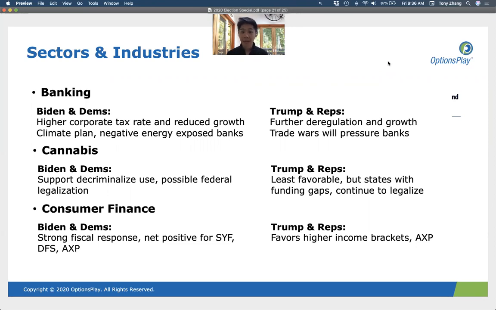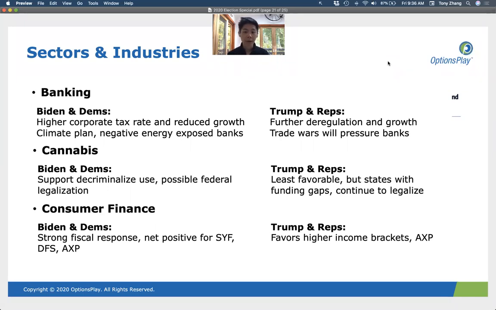The next biggest one is cannabis, right? We know that the Democrats are far more in support of decriminalization and possibly even federal legalization. I would say 2018 was a big year for cannabis. A lot of that died out in late 2019 and 2020, and most investors aren't even looking at cannabis.